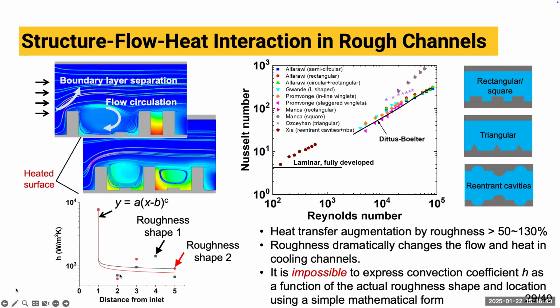And these red circles correspond to the distribution of H value, convection coefficient, within this roughness shape 2. As you can see, they're quite different. Just imagine that you have like 100 different roughness shapes, and they will exhibit very different behaviors. So you will realize that there's no simple mathematical form that can express all those rough channels.